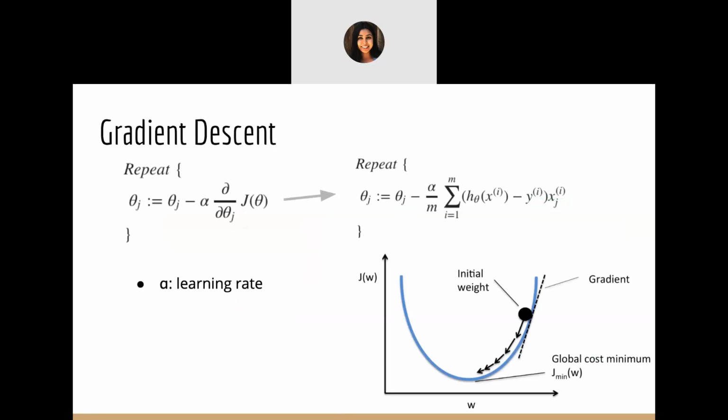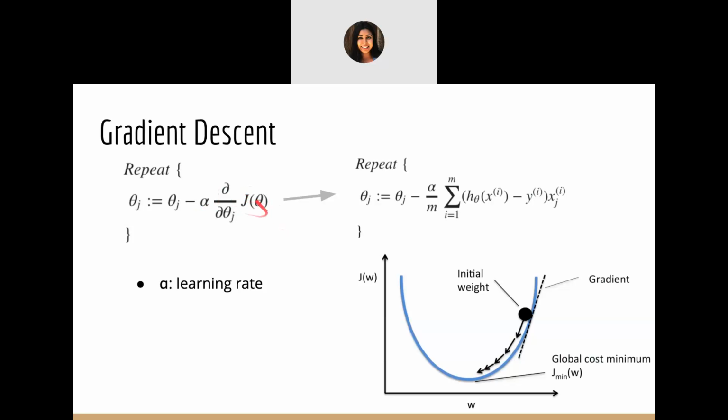Yeah, so that whole process that I just described is the idea behind gradient descent. The idea is this: you start with some theta value, and you take that theta value and you subtract the gradient of the cost function. And alpha here is the learning rate. It's just some small number.